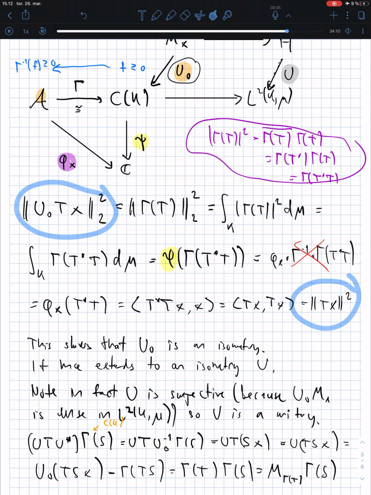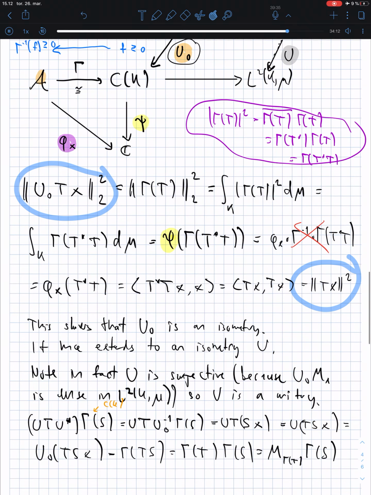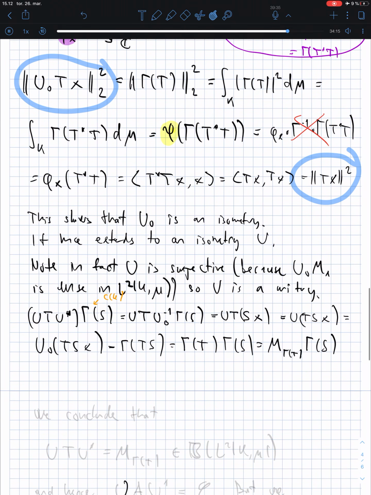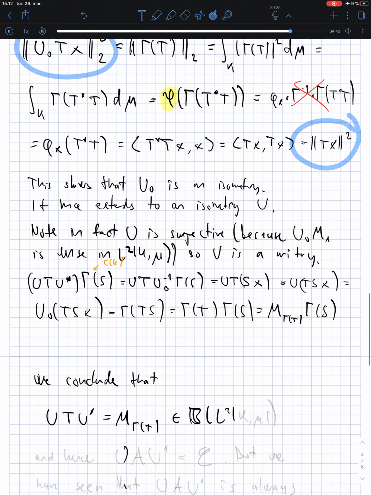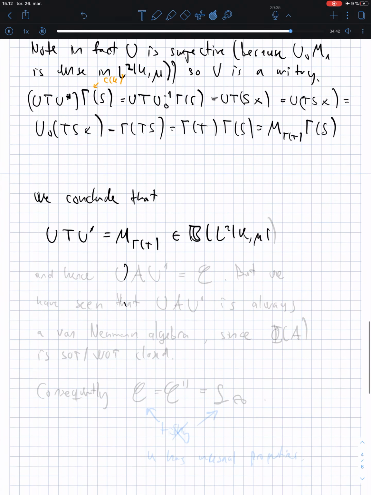So you see this straightforward computation where I move back and forth with the definitions of U and U naught will tell me that we conclude that U T U star is the same operator as M of γ_T in the bounded operators on L2 of K, μ.